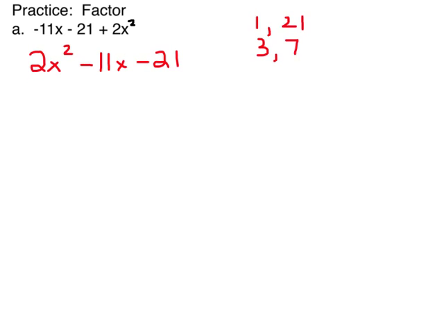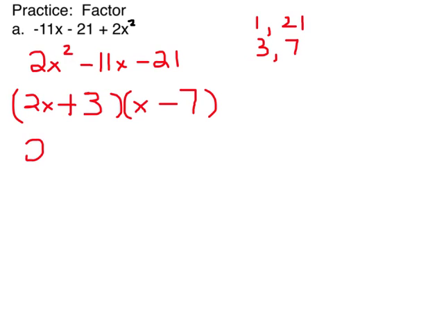Alright, so let's say we've got 2x, x. We need a negative 11 in the middle. So I'm going to put this 7 here and I'm going to make it negative because it's going to multiply by the 2 and give me 14. Then I'm going to put a plus 3 right here.